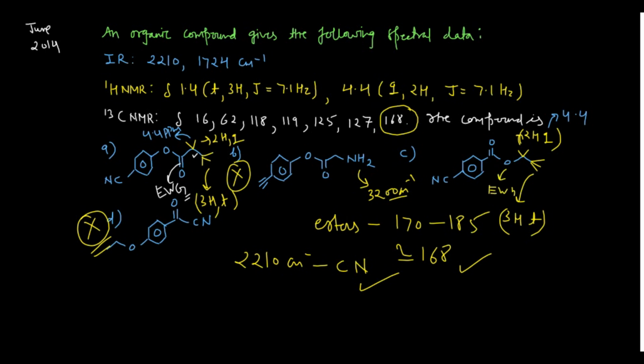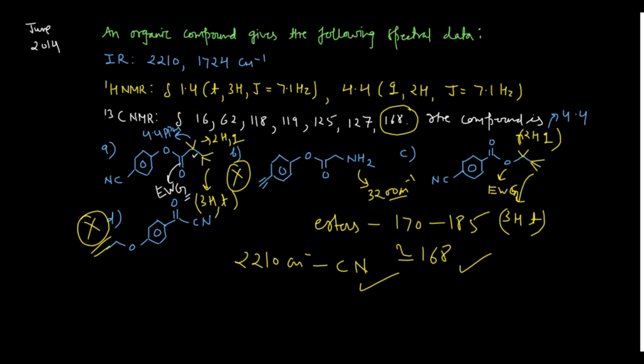Both are electron withdrawing, but this electronegative oxygen has a quite important role in causing the far downfield shift. So this carbonyl will also cause the downfield shift, this oxygen will also cause the downfield shift, but this oxygen has more electron withdrawing nature, so this will shift the signal more downfield, and more downfield signal means that is 4.4, right?